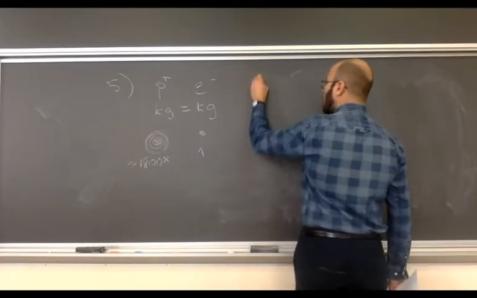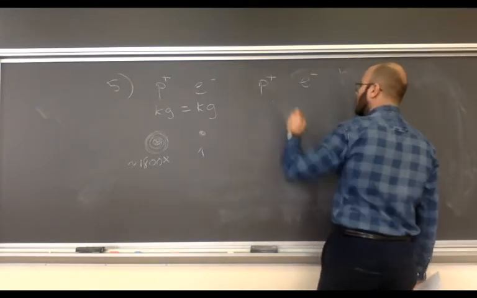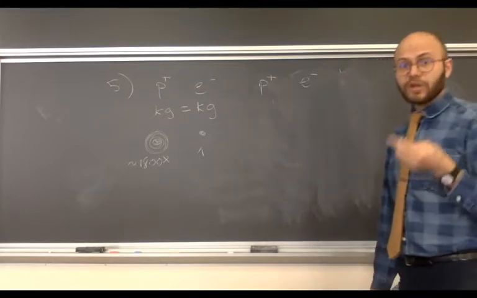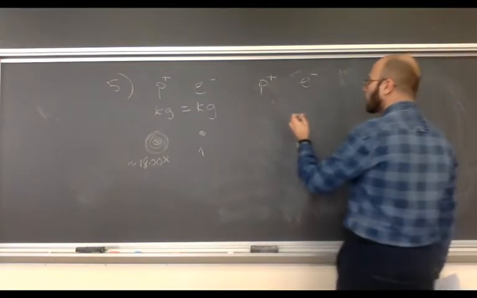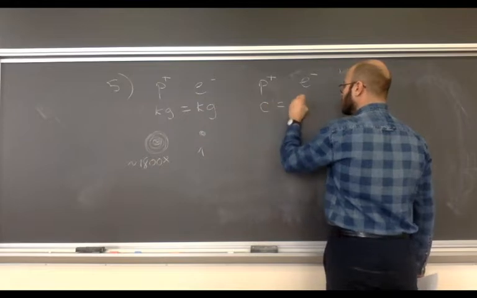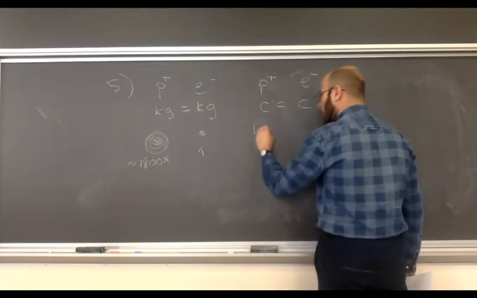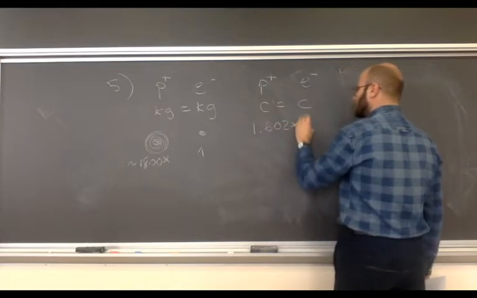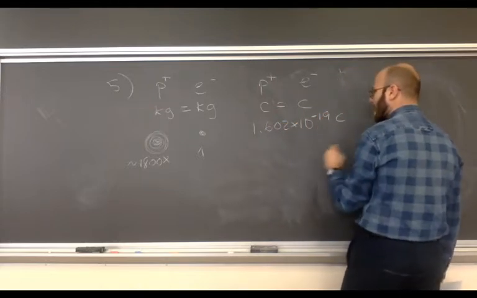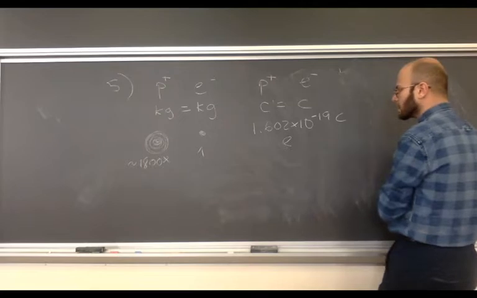Now we look at the charge between the two, and if I'm being particular, which as a chemist I have to be, we know that the values of these charges are going to be the same, the magnitude, right? They are both 1.602 times 10 to the negative 19 coulombs, that elementary charge maybe you've seen.